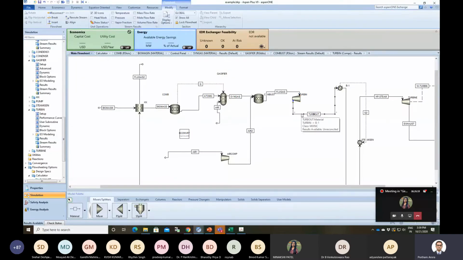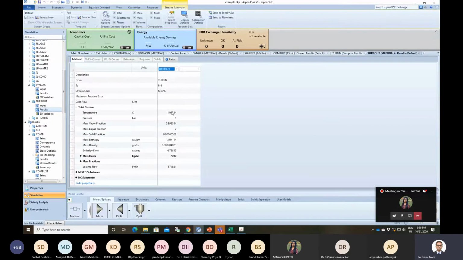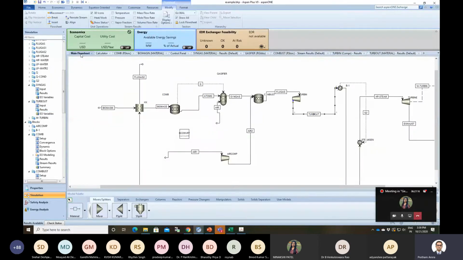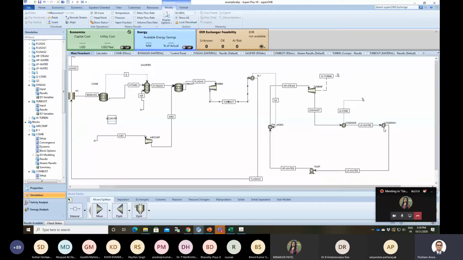But still this gas has a lot of energy in terms of the temperature. If I go and calculate the temperature of this, so this is turbo out. Yeah. So this gas is still at a raised temperature, which is around 1500 degrees Celsius, which means I can raise more steam. So why not devise a cycle with a turbine which can extract more heat? So what I can do is use this temperature in this stream to raise steam, and that could be used with the help of a steam cycle.